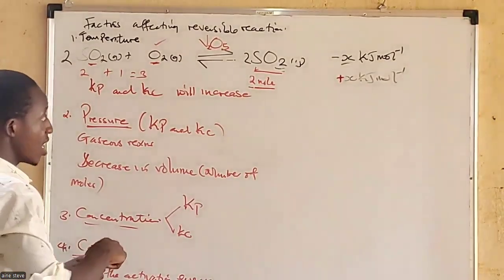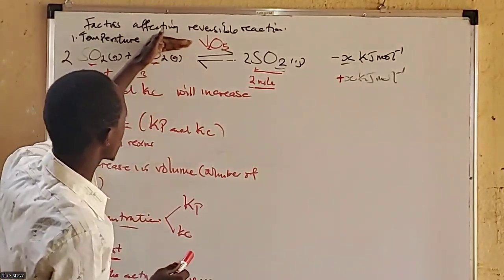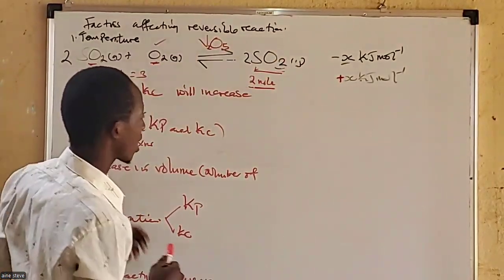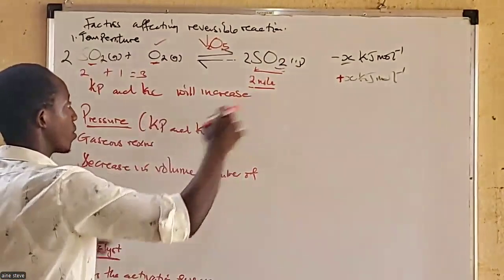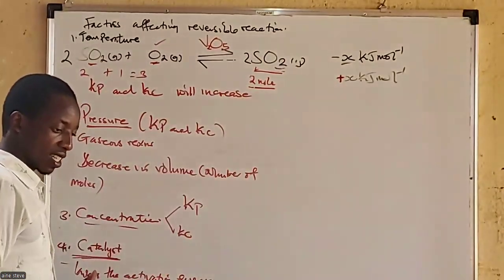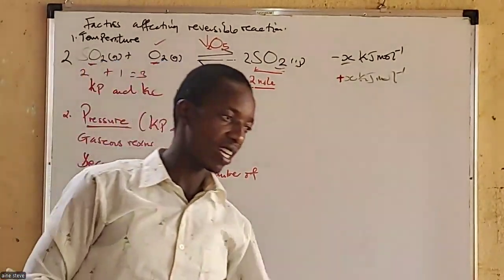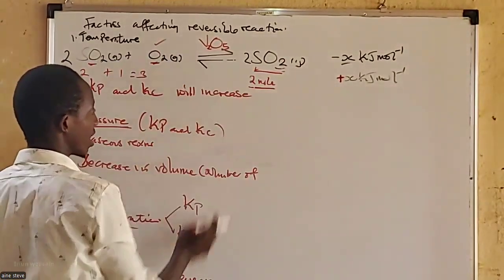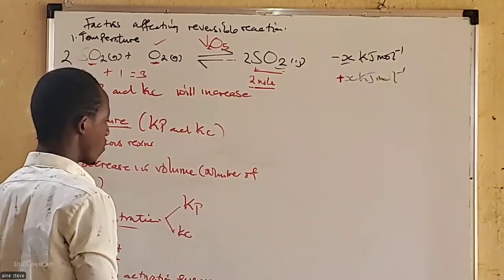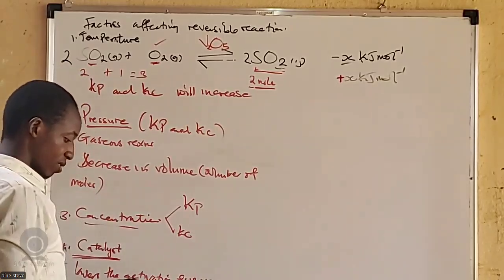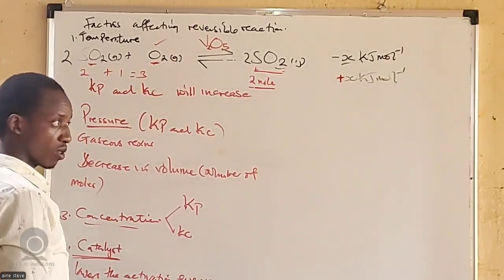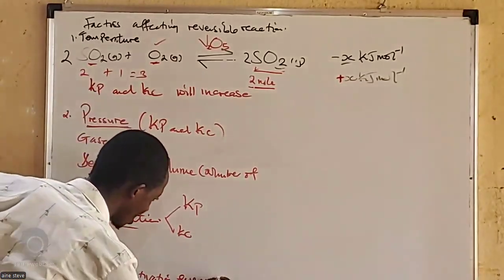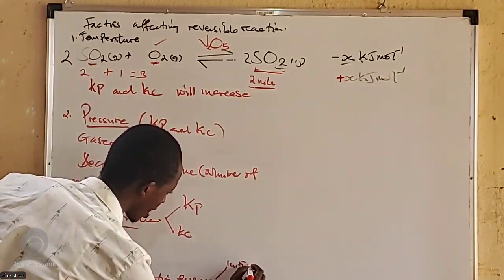The catalyst increases the rate of both the forward and the backward reaction. Because you are aware that a catalyst alters the rate of a chemical reaction, but remains chemically unchanged at the end of the reaction. It does so by lowering what we call activation energy, the minimum amount of energy required to initiate a chemical reaction.